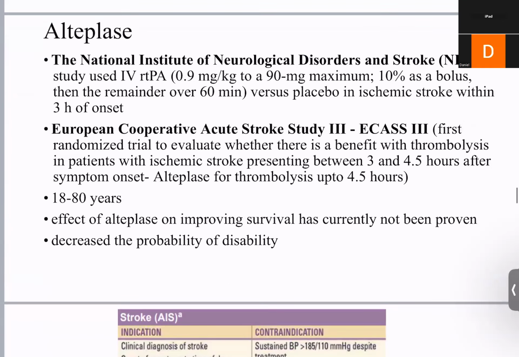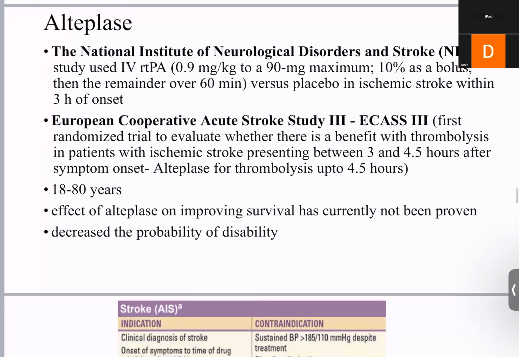Moving to the intravenous thrombolytic agents, we have alteplase and tenecteplase, which are recombinant tissue plasminogen activators. According to the NINDS, that is the National Institute of Neurological Disorders and Stroke study, they used intravenous alteplase at a dose of 0.9 mg per kg to 90 mg maximum, out of which 10% is given as bolus and the remainder is given over 60 minutes, versus placebo.